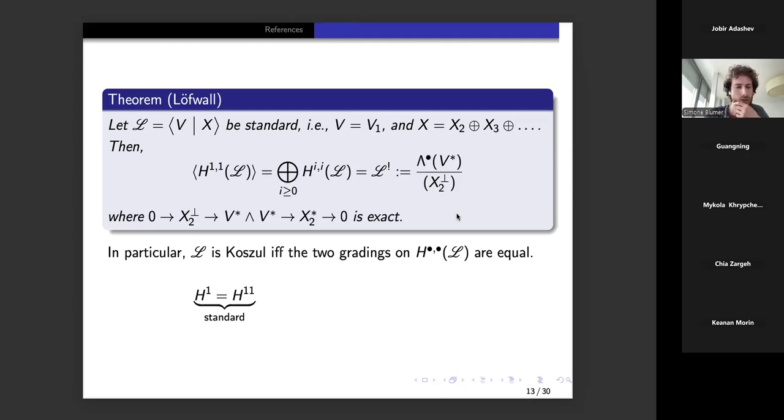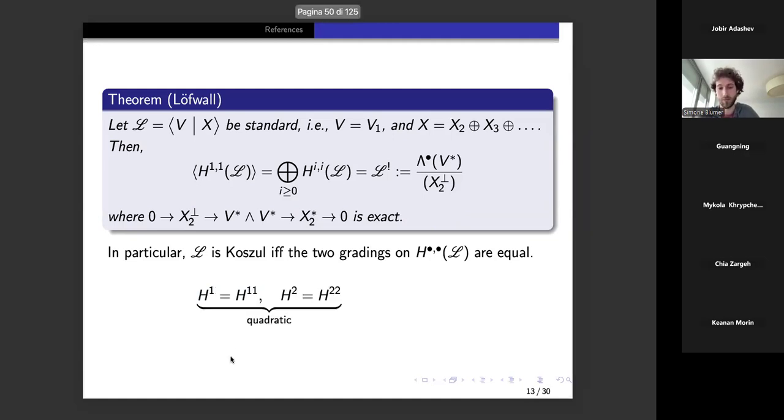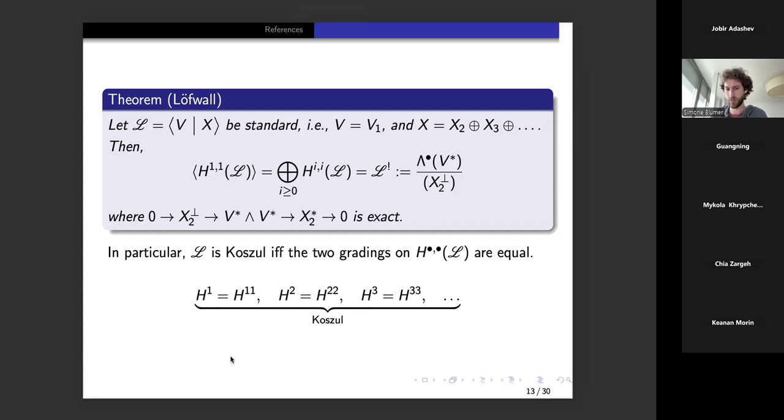Okay, I want to recap now a bit about our definitions so far. First of all, we have seen that the first cohomology group is related with the minimal generators of the Lie algebra, and if H1 is equal to H^{1,1}, so if the first cohomology group is concentrated in degree 1, then the Lie algebra is standard. If, moreover, the second cohomology group is concentrated in degree 2, then the Lie algebra is also quadratic. And we can extend this homogeneity property to higher degree, and we get the definition of a Koszul Lie algebra.